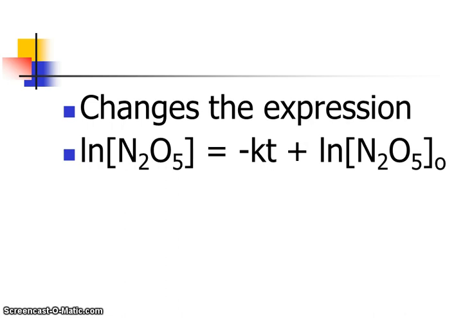So our expression is now going to be the natural log of dinitrogen pentoxide equals negative kt plus the natural log of the initial concentration of dinitrogen pentoxide. Notice there's a negative sign in front of k because our slope is going downward, or it's a negative slope.